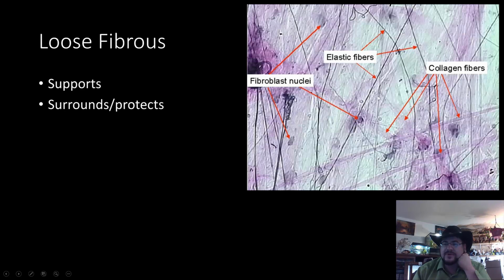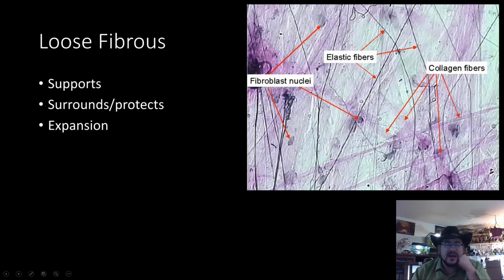Here's some elastic fibers, right? Long elastic fibers. And then the collagen fibers are these transparent, pinkish, purplish structures in there. You can see they're much thicker than the elastic fibers, and there's a lot of them together. And that's what provides that strength.